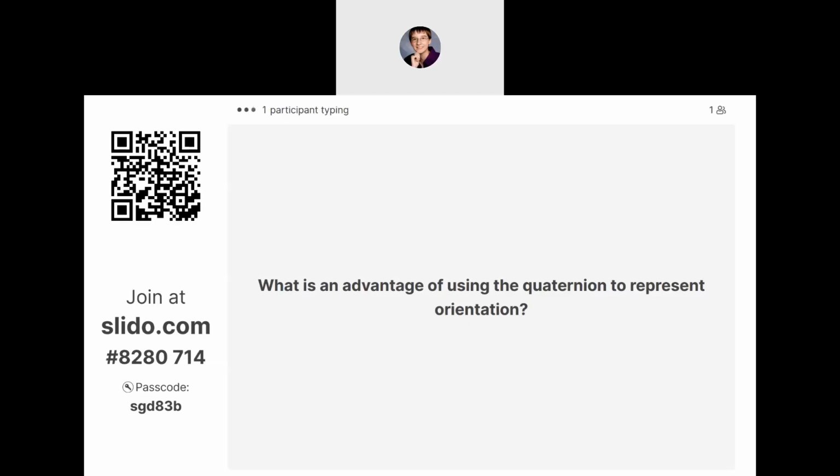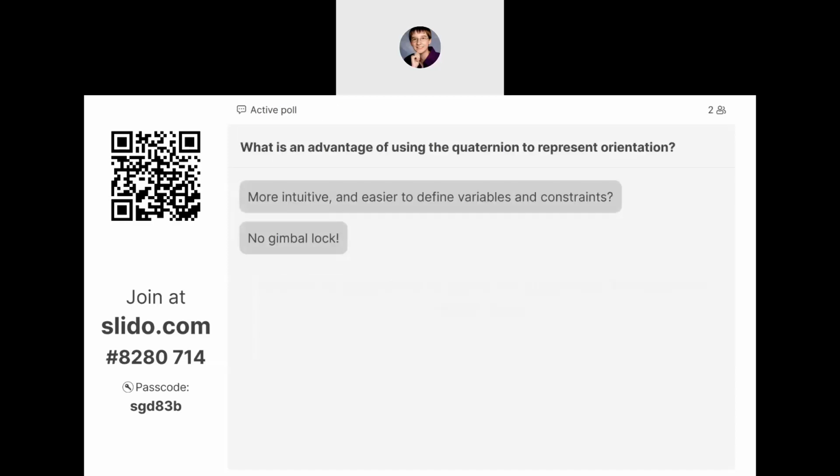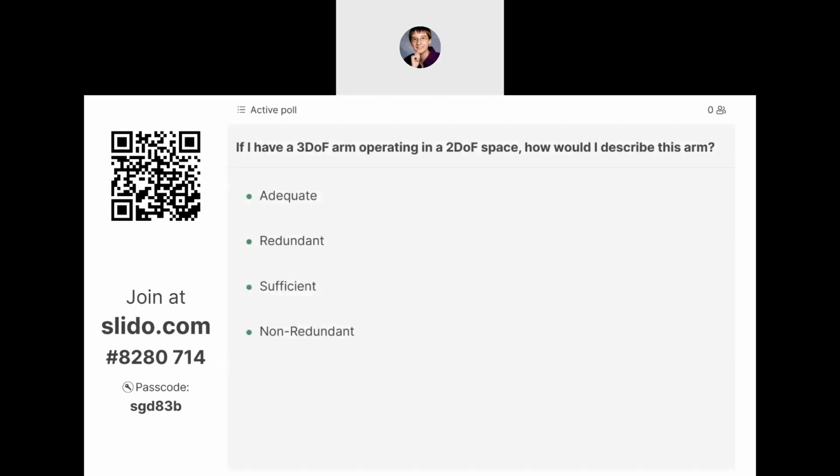And another thing is that quaternions are much easier to interpolate, right? So we talked about this idea of the slerp. So that's a way that you can interpolate between quaternions if you want something like a linear change in your rotation. So there's just a few other things.